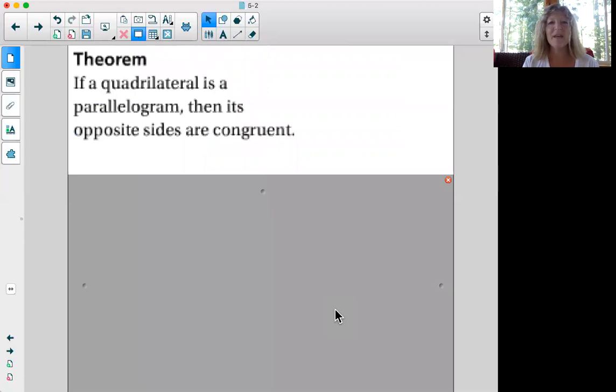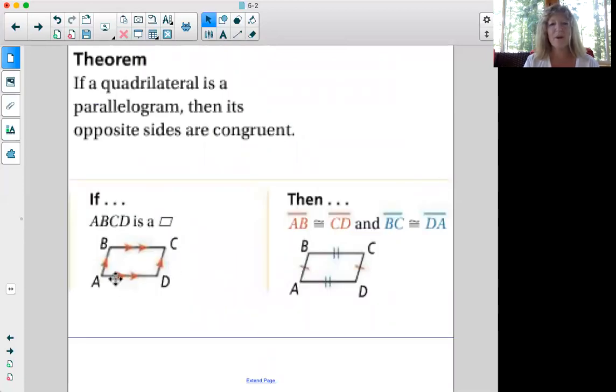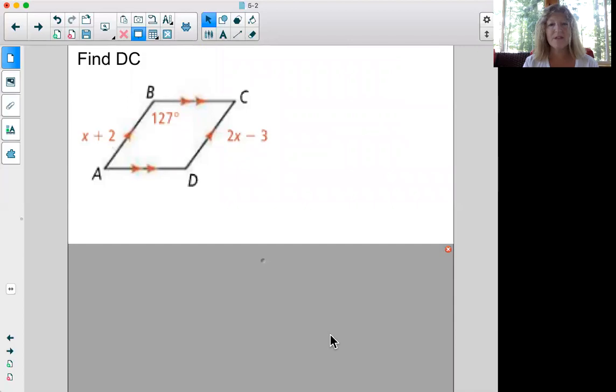Next theorem. If a quadrilateral is a parallelogram, then opposite sides are congruent. So if we have a parallelogram, then both pairs of opposite sides will be congruent. So pause and use that theorem to find x, and then plug it in to find the measurement of DC.